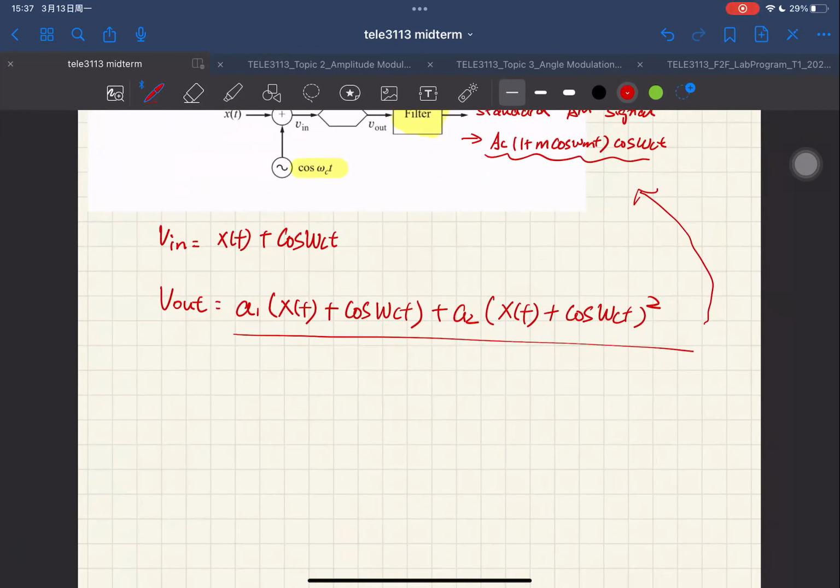Okay, so let's do the expansion first. It's going to be a little bit annoying, but I think it's the most straightforward way to do this.